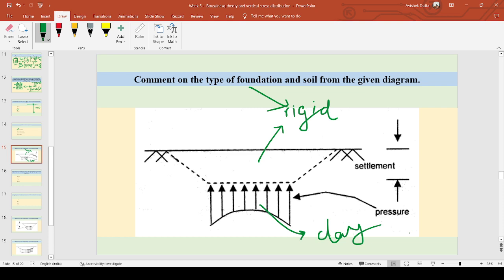So in this question, the type of foundation is rigid and the type of soil is clay, because it is giving a vertical pressure which is maximum at the corners or edges and minimum at the center. Rigid footing in clay soil.